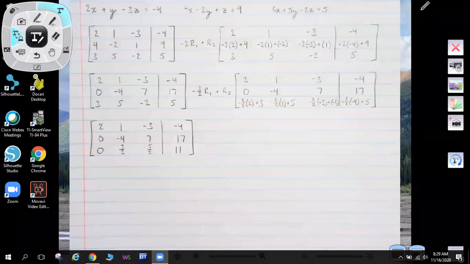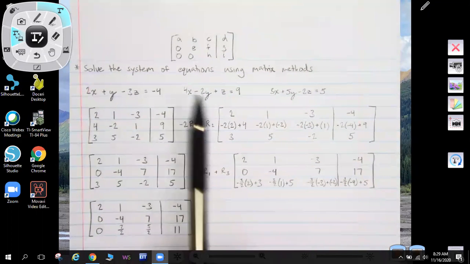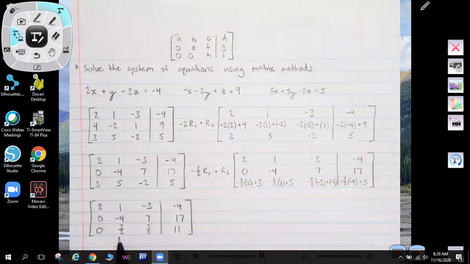Okay, so in the third row, if we remember what we're needing here, we also need a 0 in this spot where right now there's a 7/2. So we need to use another row to help us change this to a 0.